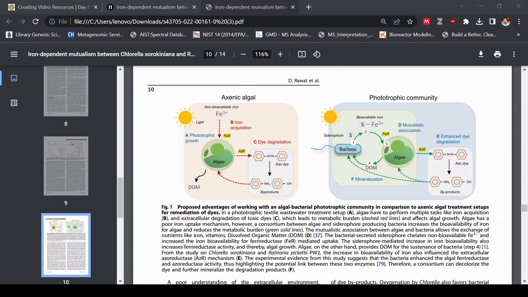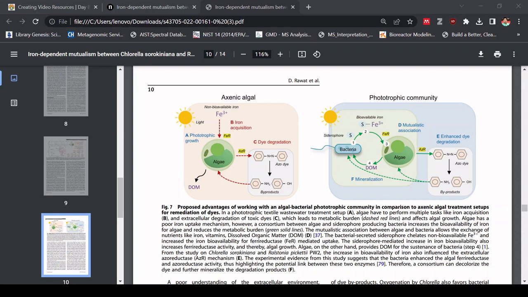So in the presence of light and CO2, the algae will grow. The second major limitation that algae have to face is that they have comparatively a poor iron uptake mechanism. So if the water has limited iron availability, algae will find it difficult to grow. This will become the first stress for the algae.